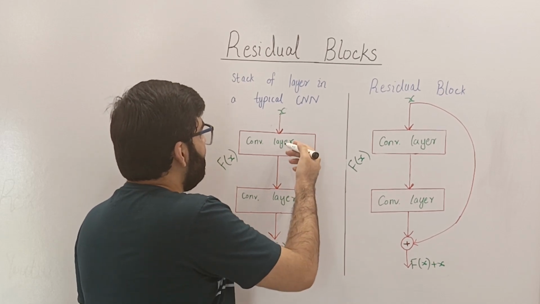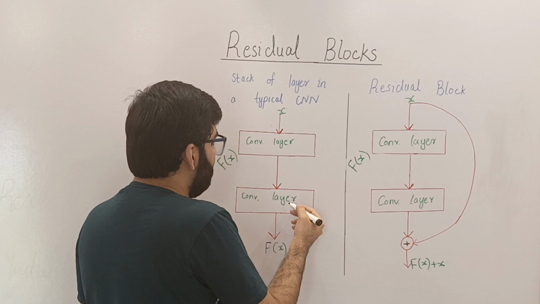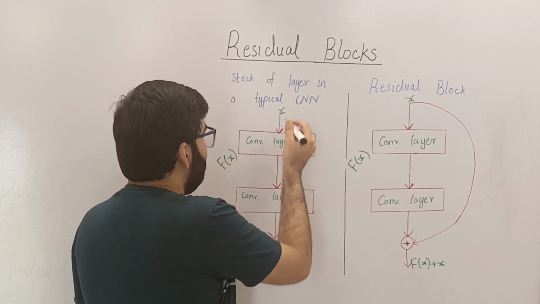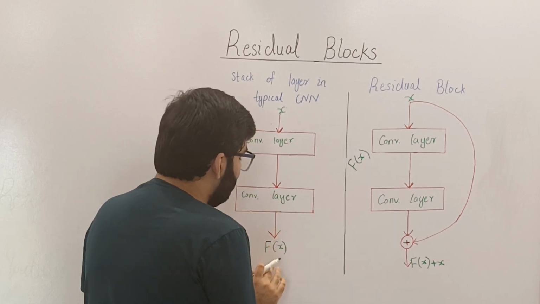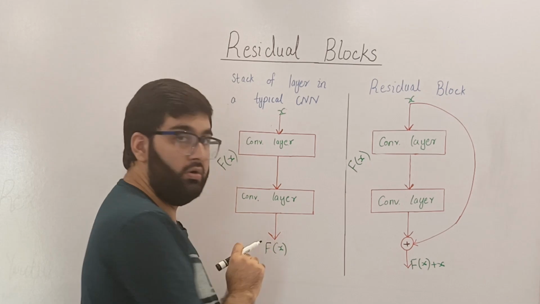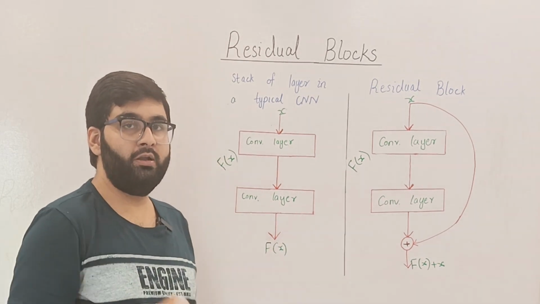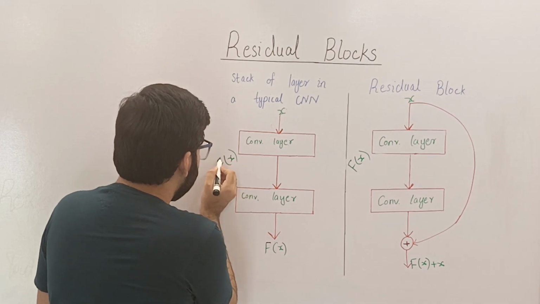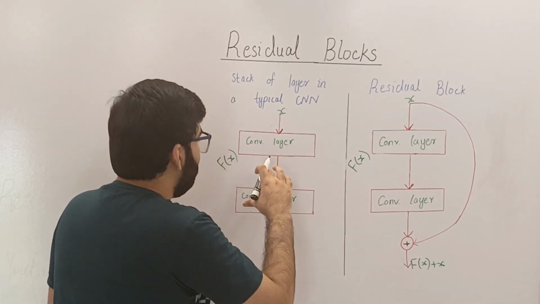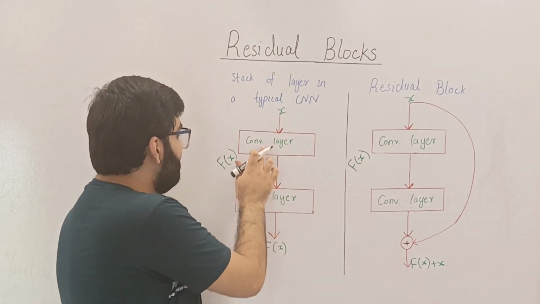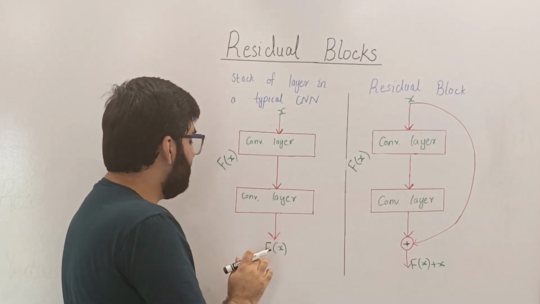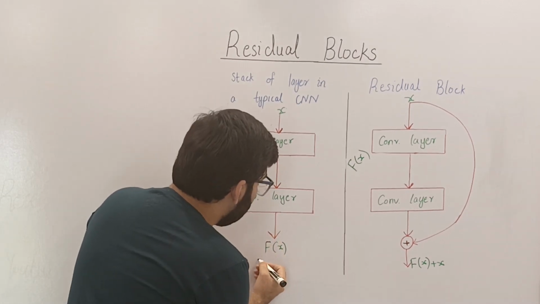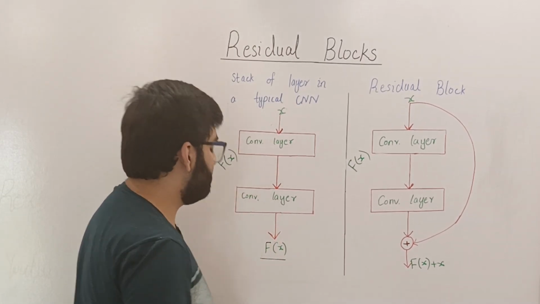This layer is stacked next to the input and this layer is stacked next to the previous layer. Let x be the input to the layer and let this be the output. The only path from the input to the output is through the layers. If f is the transformation that is applied by these two layers to the input, then f of x is the output of the network.